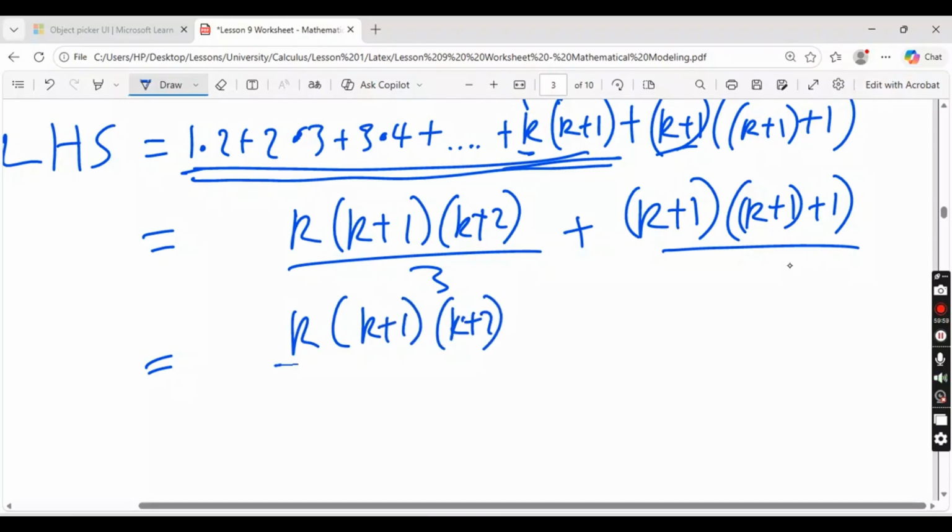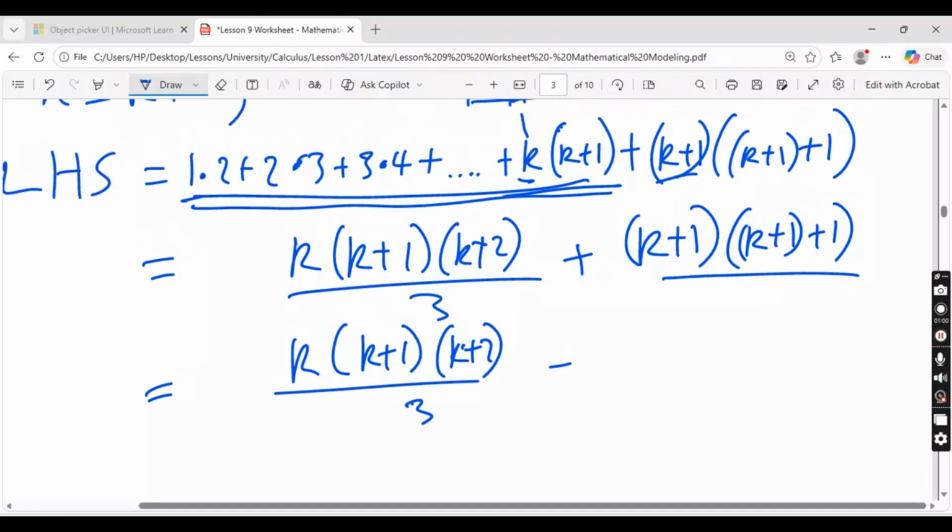k squared plus 2k times k plus 2 k squared. Okay, wait, let me finish.